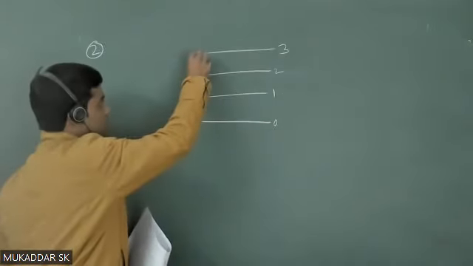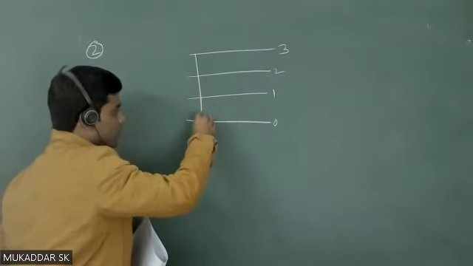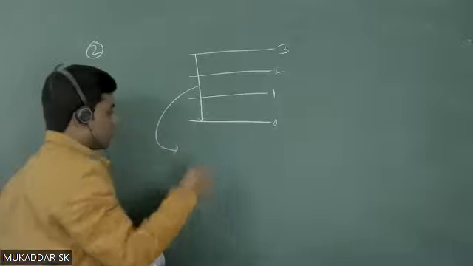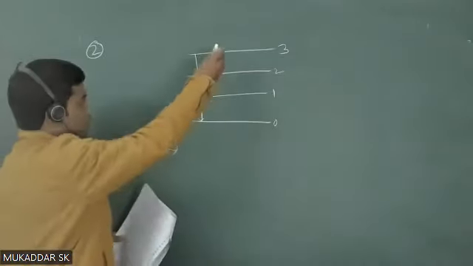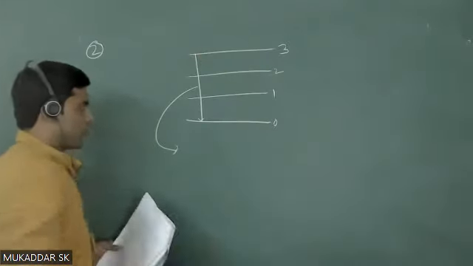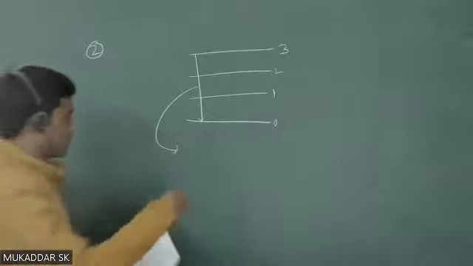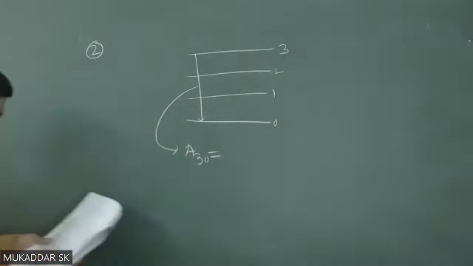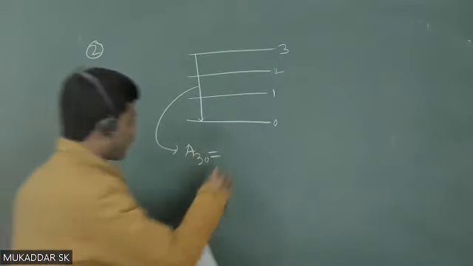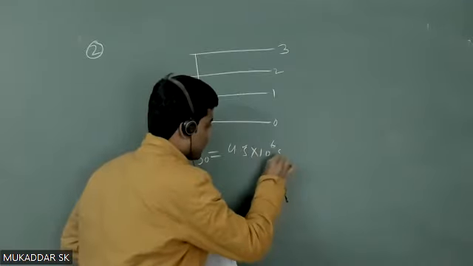Atoms from level 3 can jump from 3 to 0 with a spontaneous emission coefficient. The coefficient of spontaneous emission is given, that is A30, 4.5 into 10 to the power 6 second inverse.